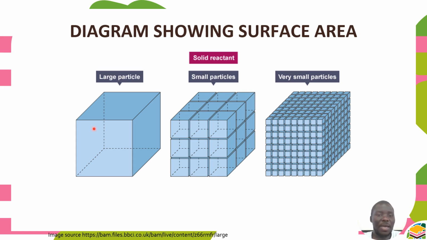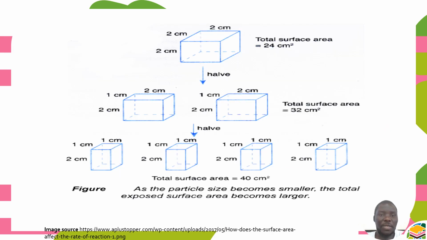This is a large solid particle, where smaller cuboids are locked inside. Here are smaller particles which are bonded together with cello tape, and those small particles can even be made smaller, as you can see here. So let's check on what is going to happen.